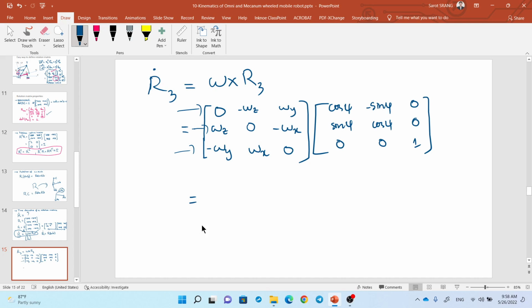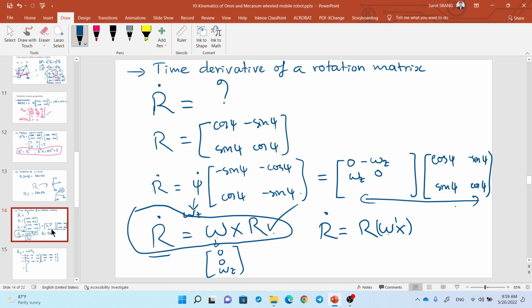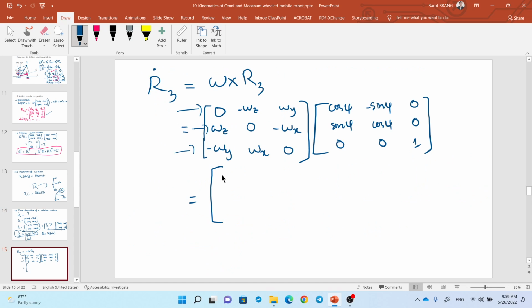Then you can have minus sine psi, minus cosine psi, and here cosine psi, minus sine psi, 0 0 0 0 0.